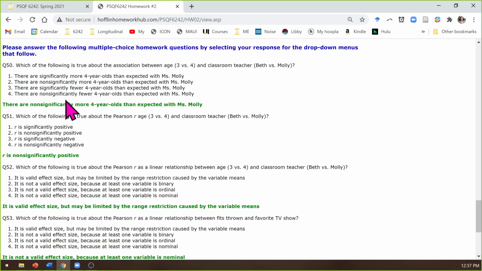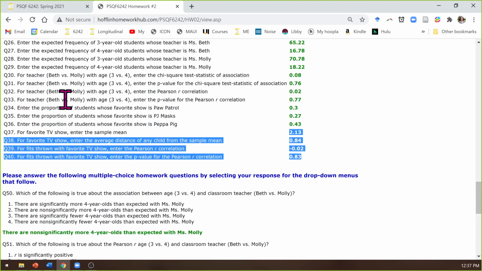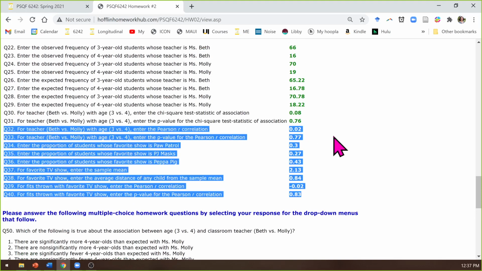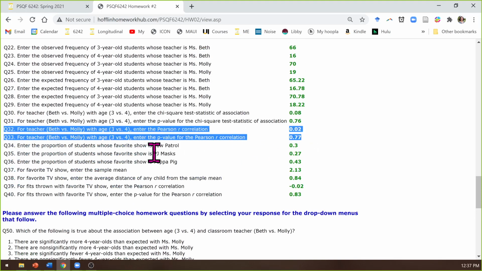So question 51 was referring to results that were up above. They are right here, these two questions. So teacher and age, I asked you to find the Pearson correlation. The sign of that Pearson correlation would tell you whether the correlation is positive or negative.